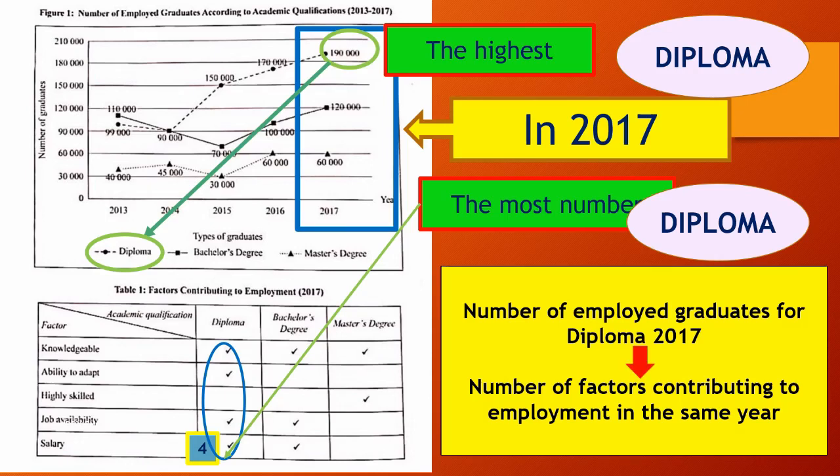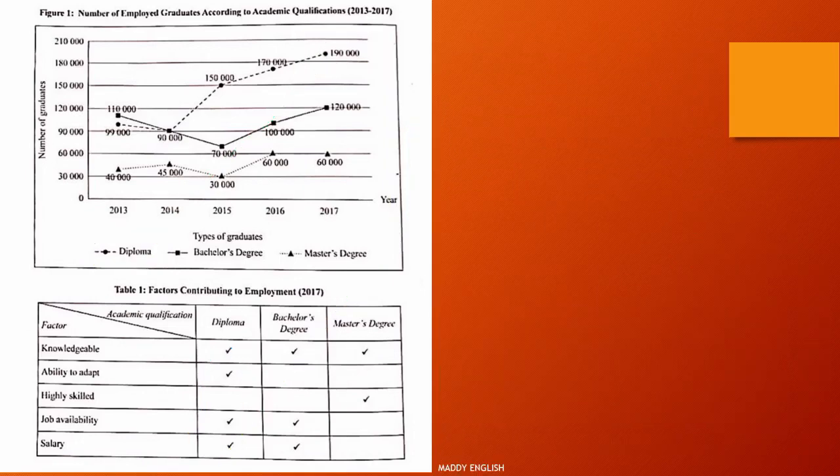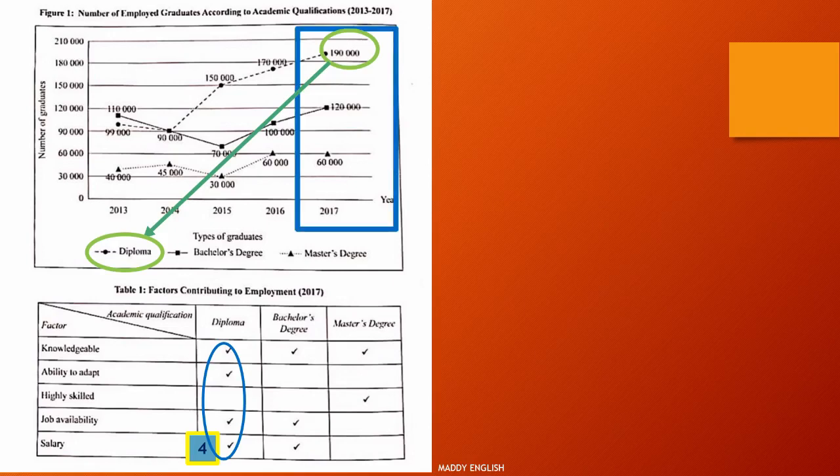And previously, I have mentioned to you that diploma number of employed graduates was the highest at 190,000. And the factors, diploma had the most number of factors, which are 4. So based on these two pieces of information, I would like to write a synthesis, and this is the result.